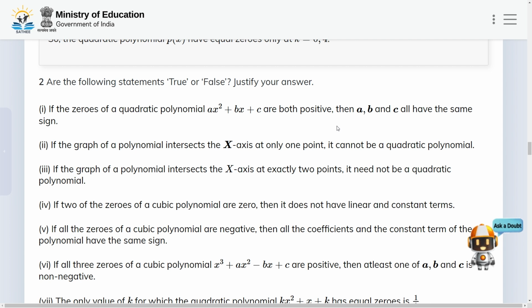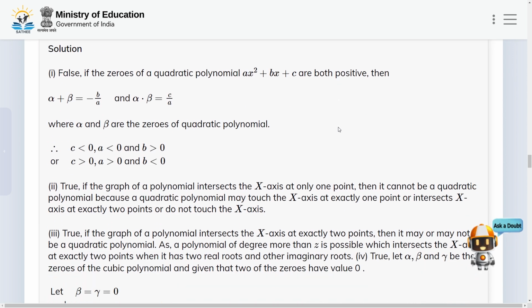In the next one here it says: if the graph of a polynomial intersects the x-axis at only one point, then it cannot be a quadratic polynomial. Let us see the answer.